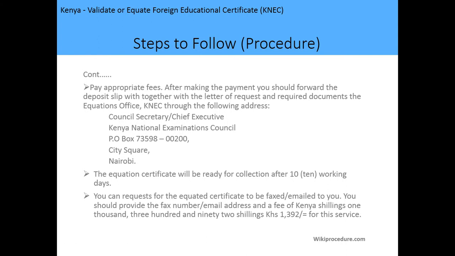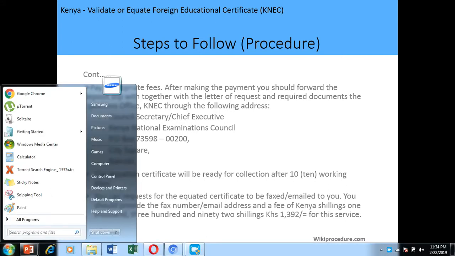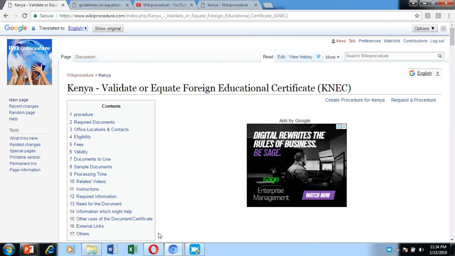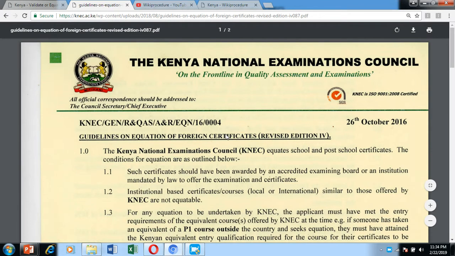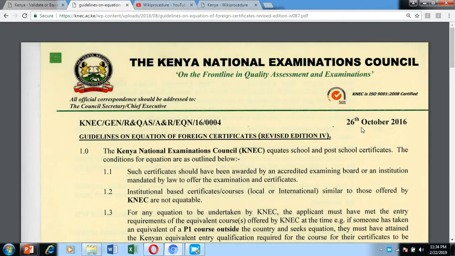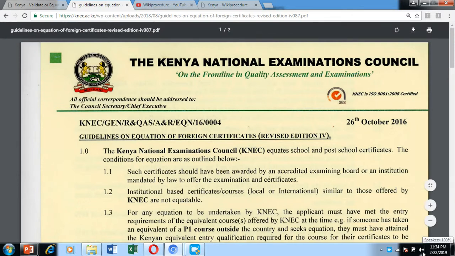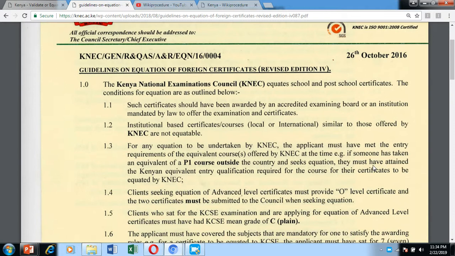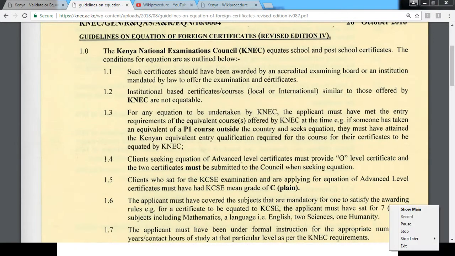So before we proceed, let's take a look at how the equation certificate application guidelines look. When you approach the Kenya National Examination Council, they are going to give you these guidelines for you to go through, and you get to know how you can make your application.